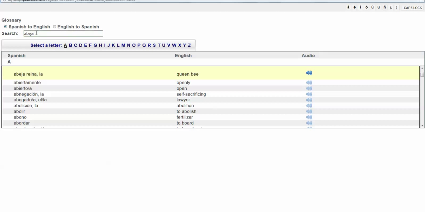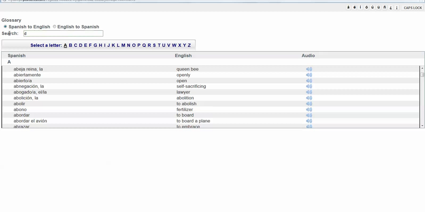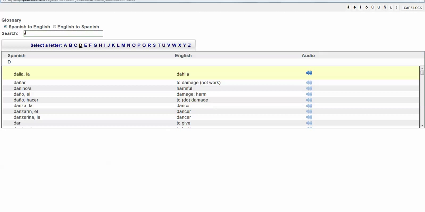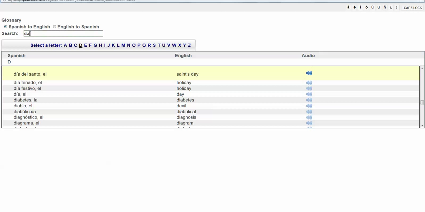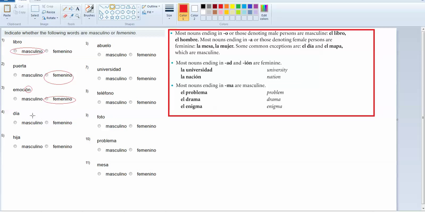Let's put in día. Okay, so here we have día. It's got an el, which means it's masculine. And you can remember that because you say buenos días, not buenas días. Okay, so día is masculino.